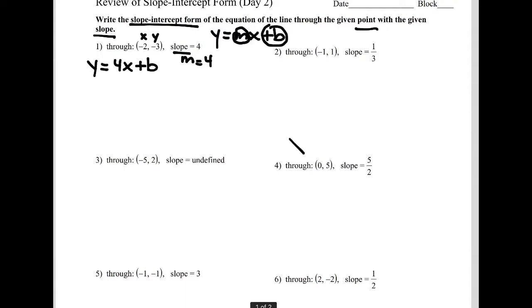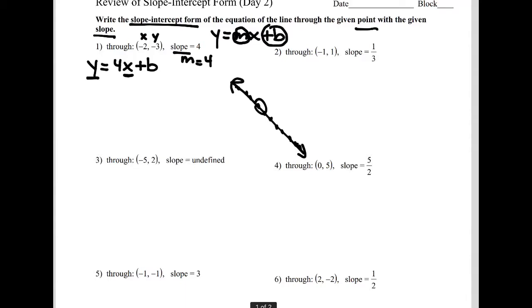So just remember that a line is made up of an infinite amount of points. There's a whole bunch of points along a line. So basically they gave us one of those points. If we know one of them, we know an x value and a y value that will work inside of the equation.